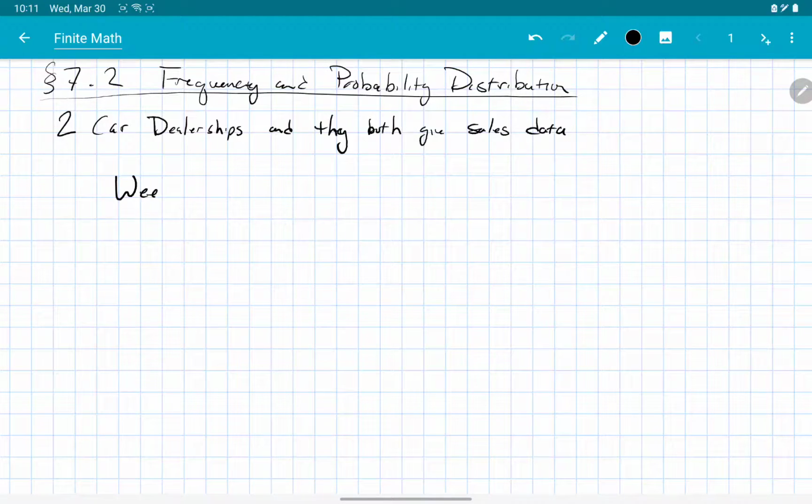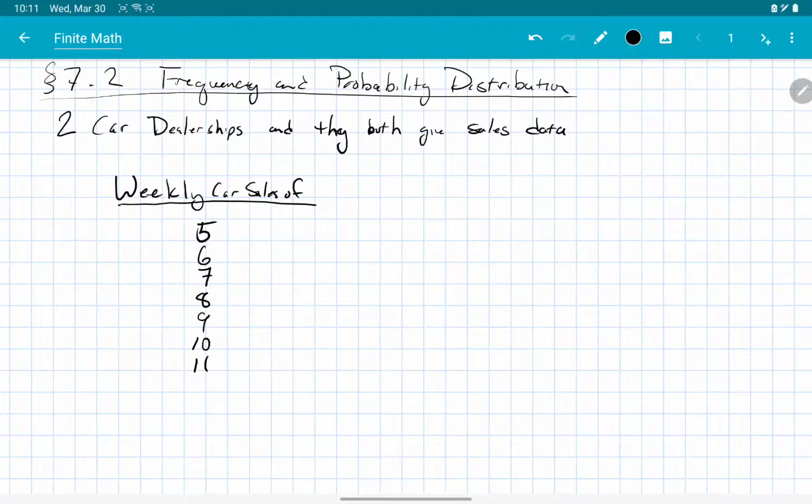They give the number of weeks where they have weekly car sales of, say, 5 cars, 6 cars, 7 cars, 8 cars, 9 cars, 10 cars, and 11 cars. And then they tell the number of weeks sales are equal to the number at left. This may seem strange, but this is perhaps how they do it.